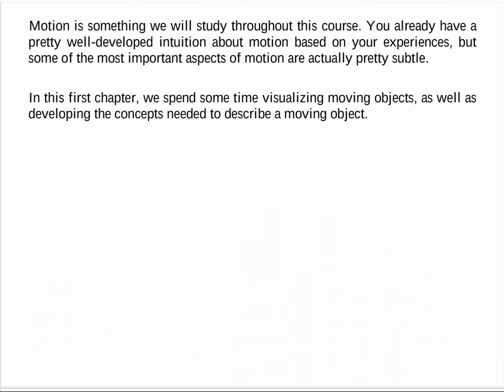You ought to have a pretty well-developed intuition of motion just by being alive, okay? But the most important aspects of motion are actually very subtle. So in this first chapter, we're spending time visualizing moving objects as well as developing the concepts needed to describe a moving object. So I've been kind of hinting at that all along so far, all right?